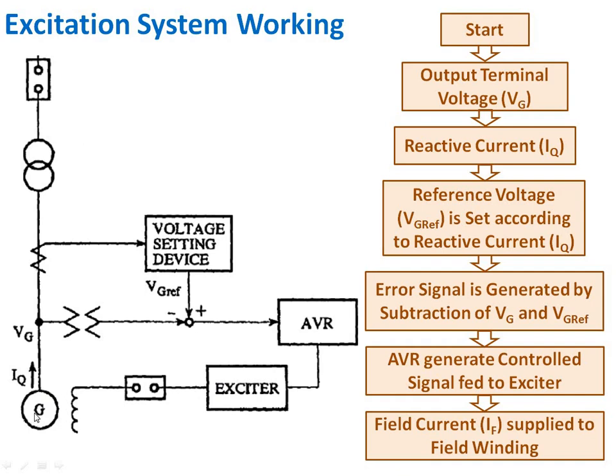And once this output voltage or output power is stabilized, accordingly this VG reference is generated, and based on this VG reference and VG, the error signal is generated, and this error signal is fed to the AVR, the automatic voltage regulator, and accordingly it will generate the firing angle for this silicon controlled rectifier, or the controlled rectifier, which will convert three-phase to DC.